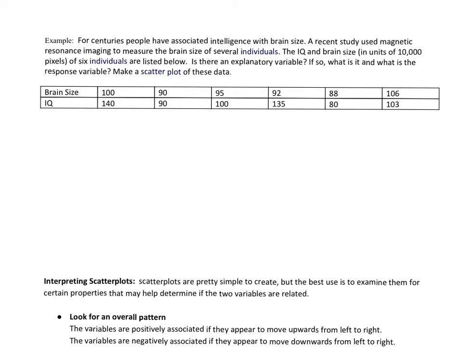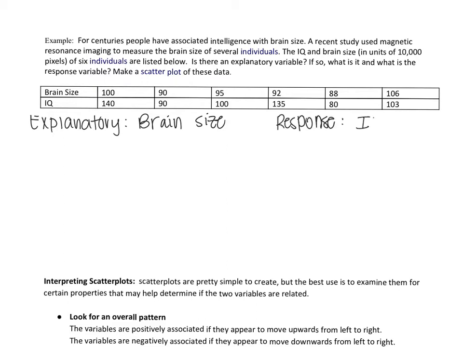So if I'm trying to figure out my explanatory and my response, I want the one that influences the other. So basically we're saying my brain size, so the larger my brain, the higher my IQ. So the explanatory is going to be the brain size, and the response variable is going to be your IQ.